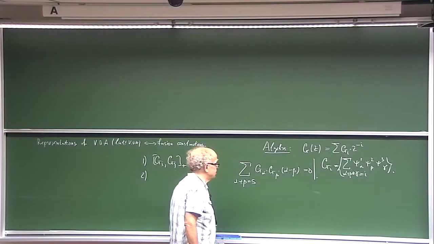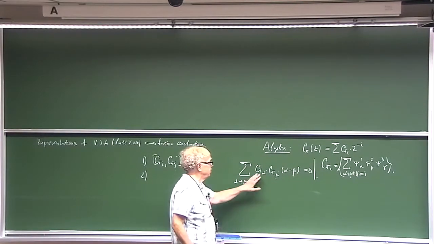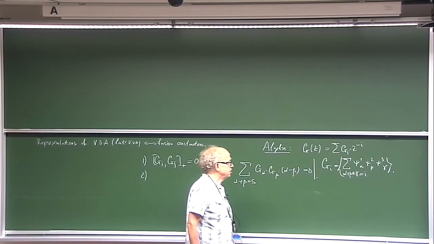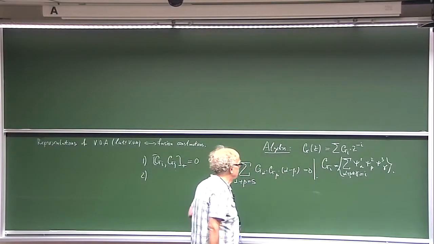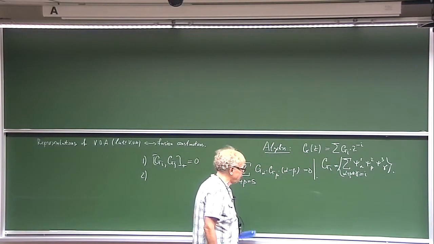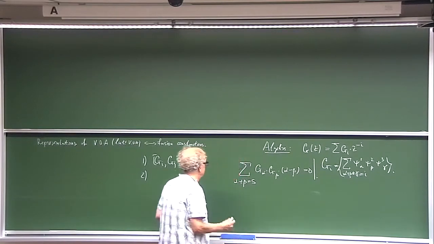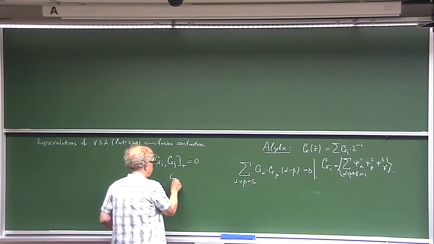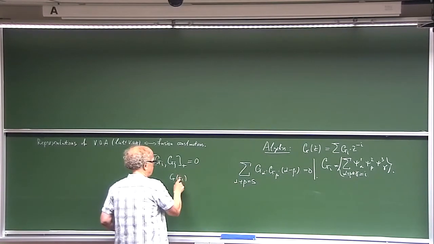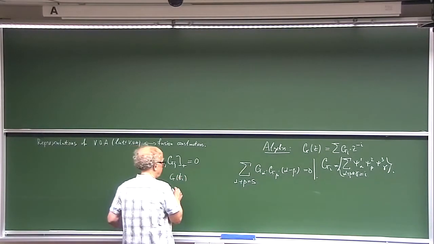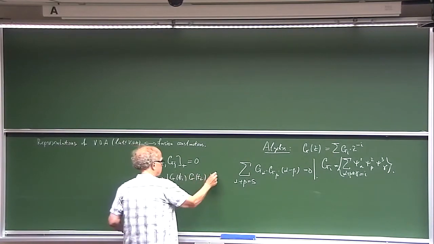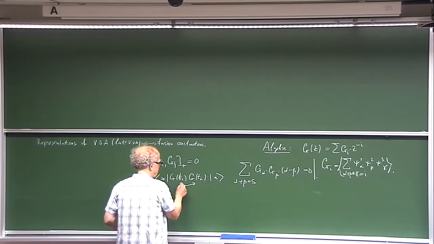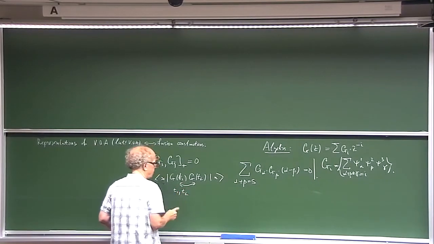And we also discussed several times that if we have this, then the correlation function or matrix element of the corresponding operators satisfies some condition. The condition is that the correlation function of G(t1) and G(t2), and any matrix element here like this, is skew-symmetric in t1 and t2, and it's more than that.